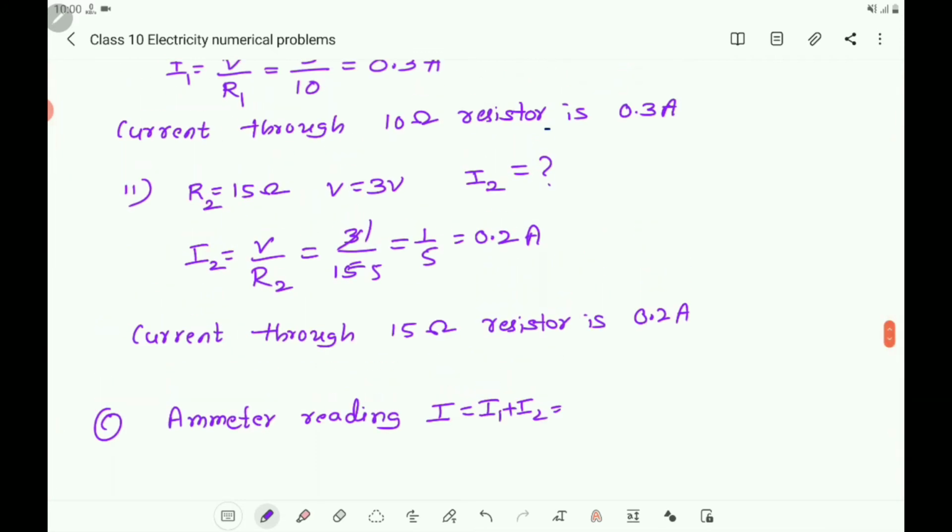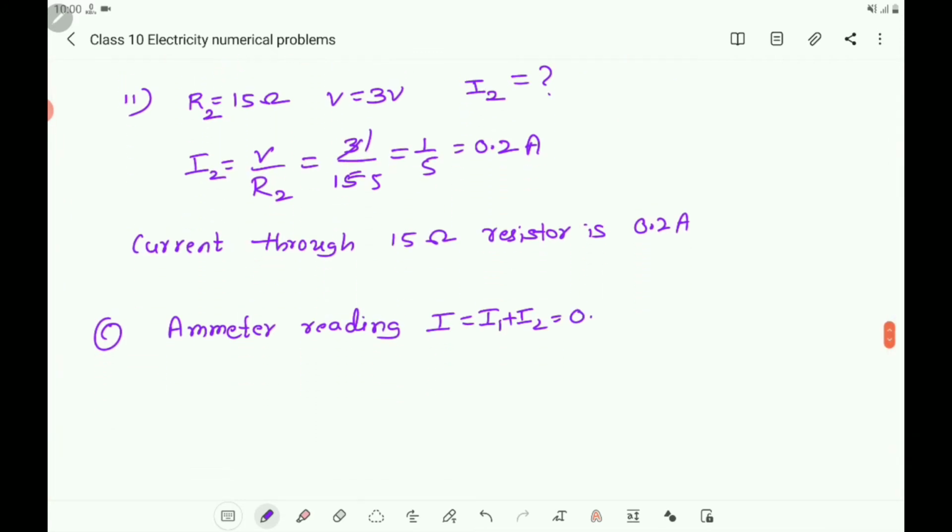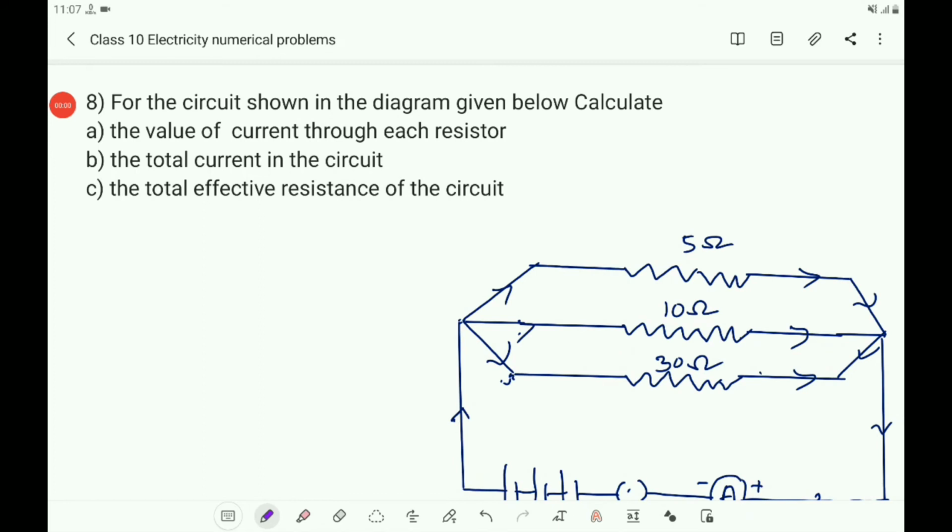I1 is 0.3 A, I2 is 0.2. So 0.3 plus 0.2, you will get 0.5 amperes.